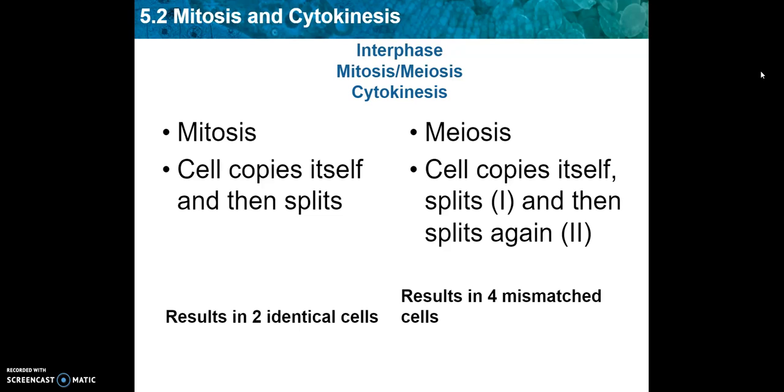During meiosis, which is next chapter, we're going to look at certain types of cells, sex cells, that will copy themselves, split for the first time, and then split again. That's going to give us 4 mismatched cells. The significance is going to be when we start talking about genetics and how we inherit traits from our parents.